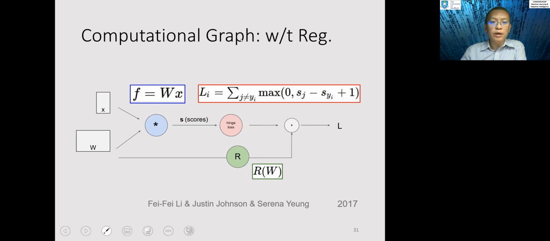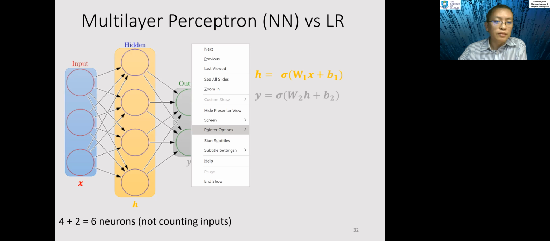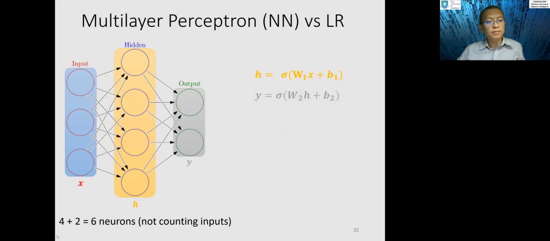Let us look at a multi-layer perceptron, which is a neural network with a hidden layer over here. So this is the input unit. And there are 6 neurons, 1, 2, 3, 4, 5, 6. So there are 4 hidden neurons and 2 output neurons.